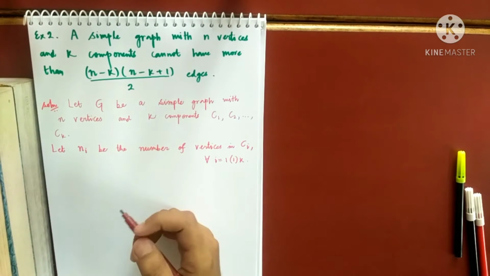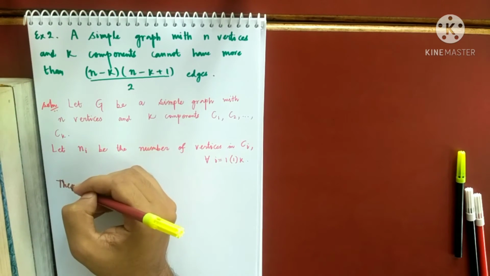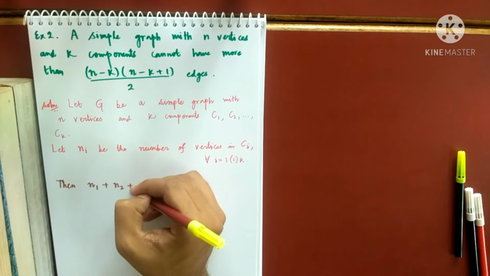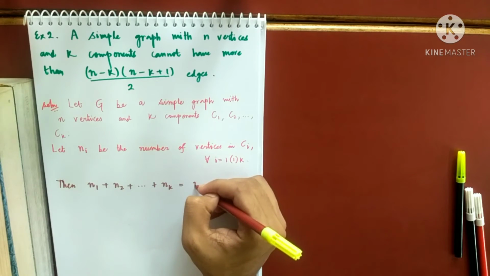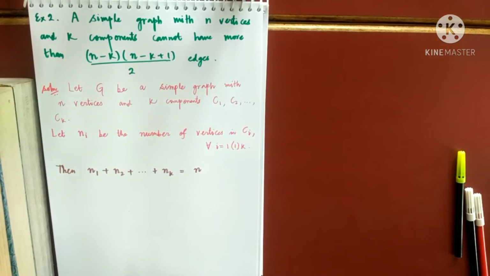Okay, doesn't matter. Very good. n1, n2, dot dot dot, nk will definitely sum to n. This is very obvious because all the components are disjoint from each other by the definition of components, you remember.